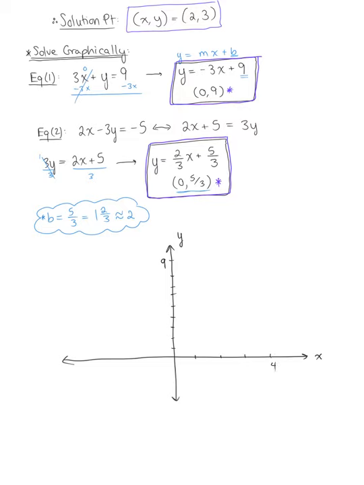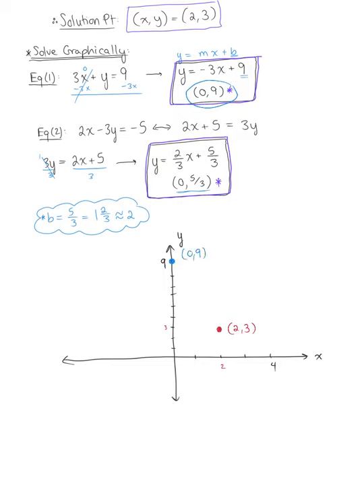All right, so let's start here by plotting the intersection of our two curves, which is occurring at the ordered pair (2, 3). We know this is the intersection of our two lines, so it exists on both. Starting with equation 1, we note that it has a y-intercept at (0, 9).